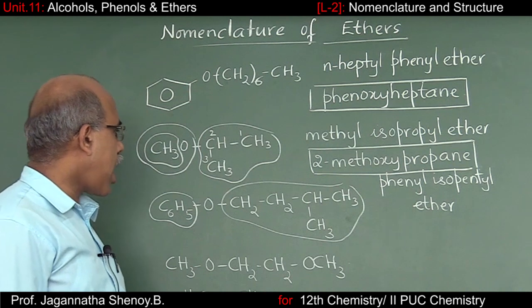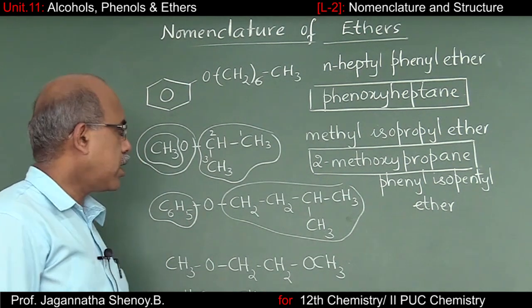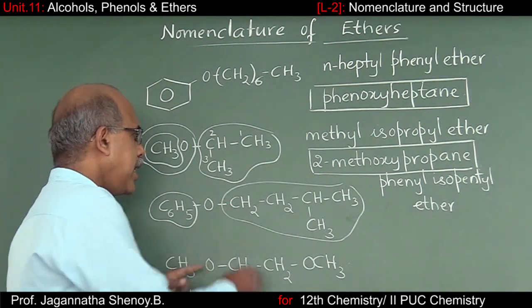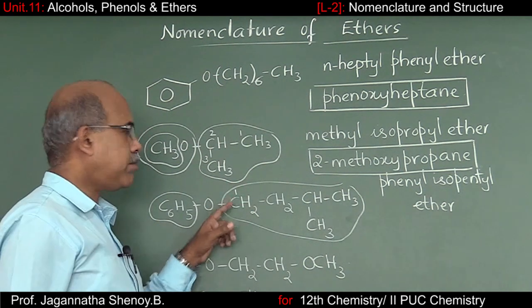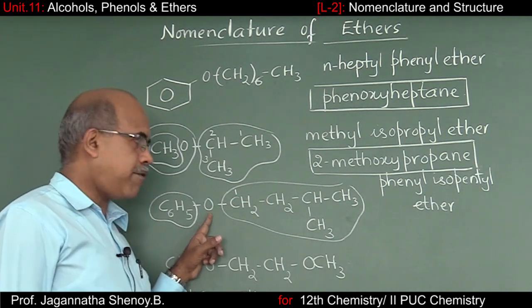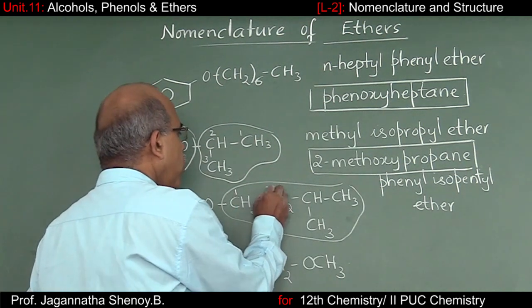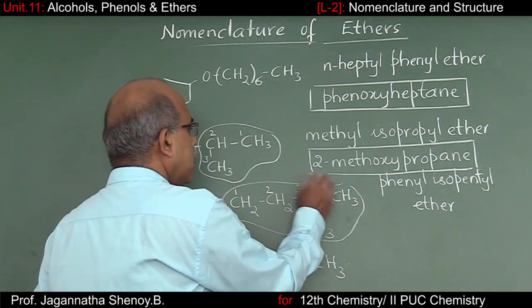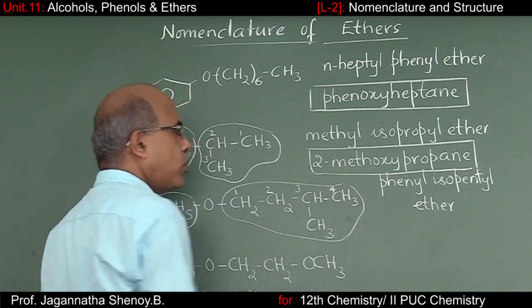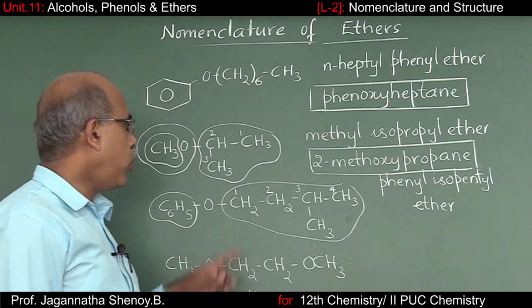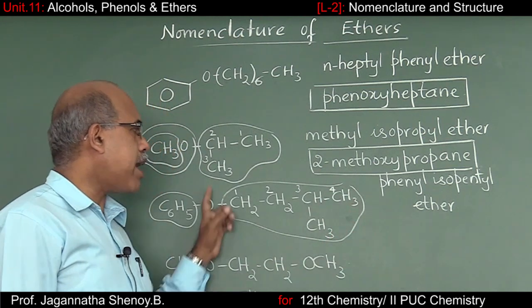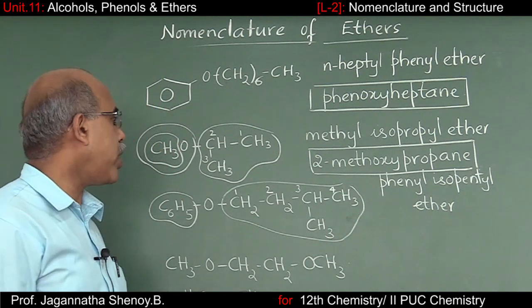In such a case, how are we going to name it? You know that in a complex side chain, the carbon atom connected to the functional group should be given number 1. Then here you have the second carbon atom, third carbon atom and fourth carbon atom. So what is the IUPAC name of this complex side chain?